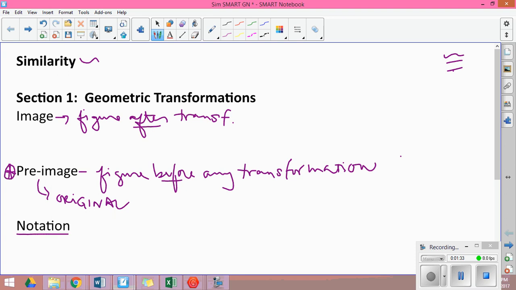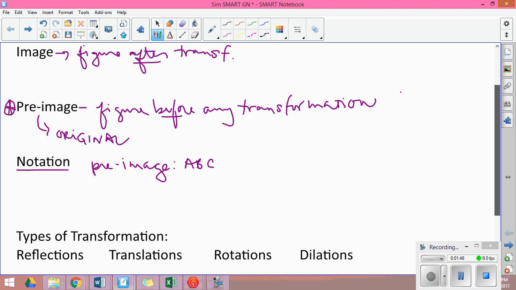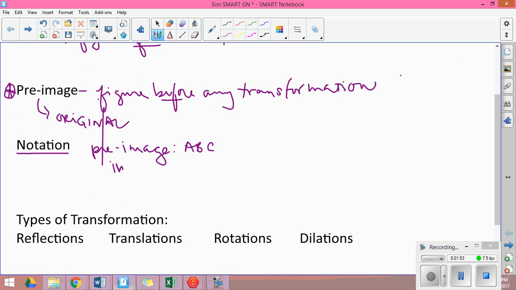Now, notation is always really important in geometry. Our pre-image figures, we're going to name like we have been. We're going to name vertices with capital letters. Now, because of this corresponding nature, our corresponding image, because we want to see how they match up, is going to be A prime, B prime, C prime.